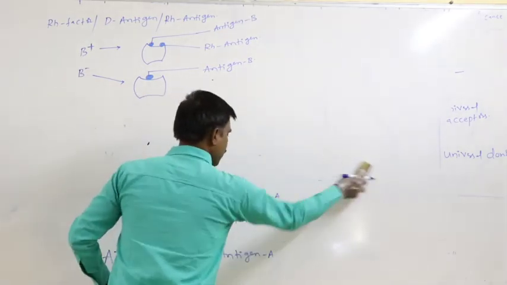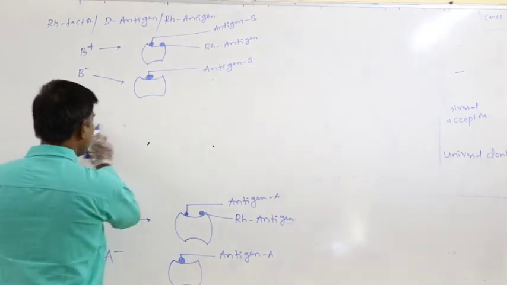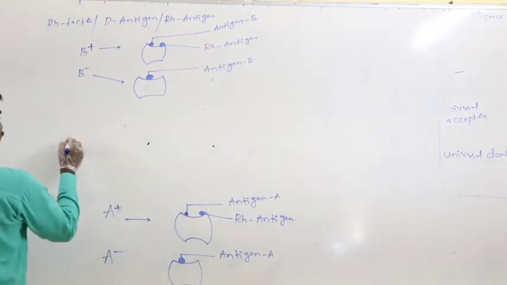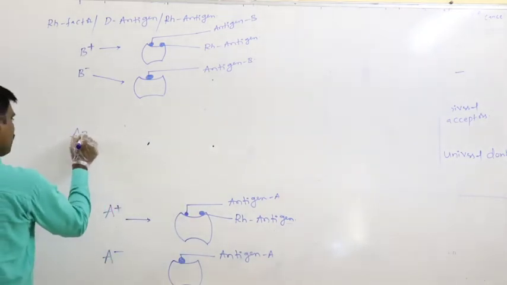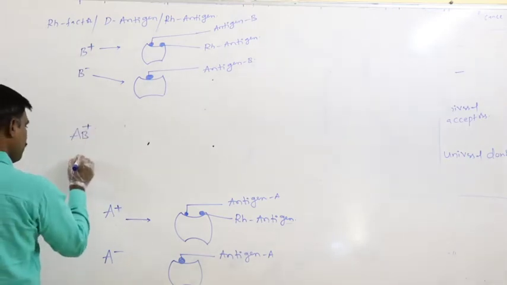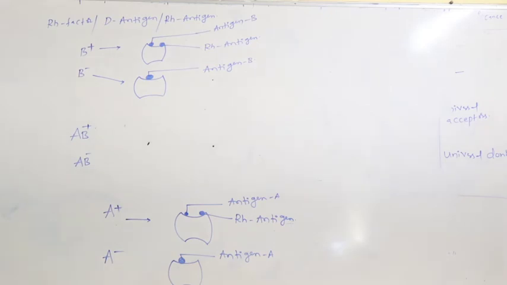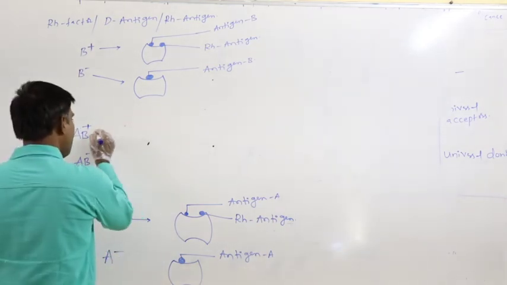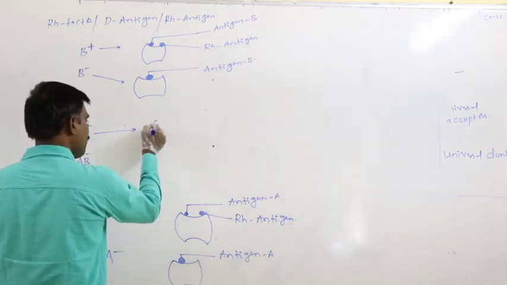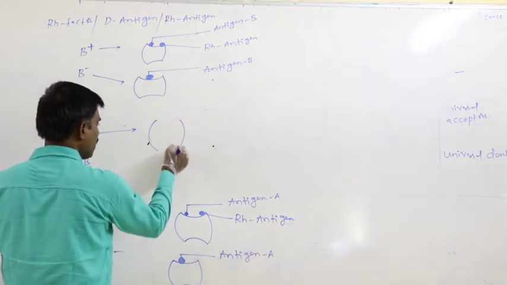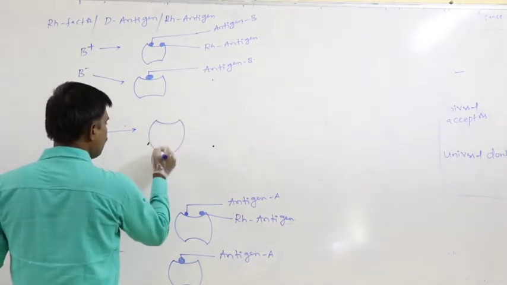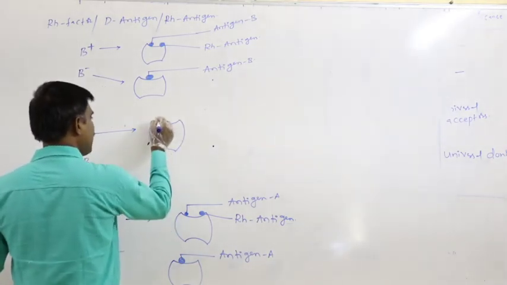Similarly, in an AB blood grouped person, AB positive, AB negative. In the AB blood grouped person, on the surface of the RBC, normally what are the antigens which are present?